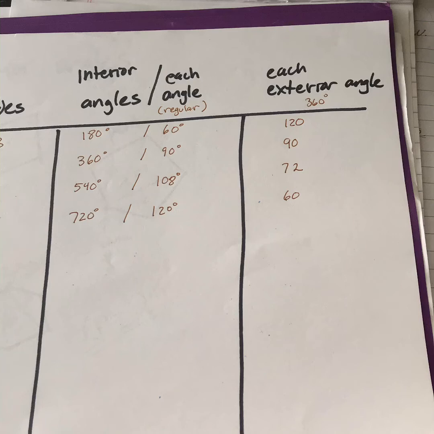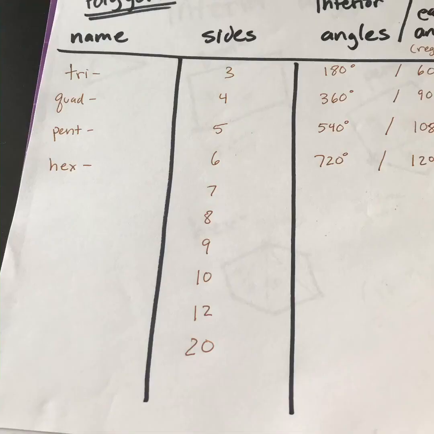For a four-sided quadrilateral, a regular one is a square, we'd have 90 degrees for each exterior angle, 72 degrees for each exterior angle of a pentagon, and 60 for each exterior angle of a hexagon. So to complete your notes, I would like you to go through the rest of the number of sides: 7, 8, 9, 10, 12, and 20.